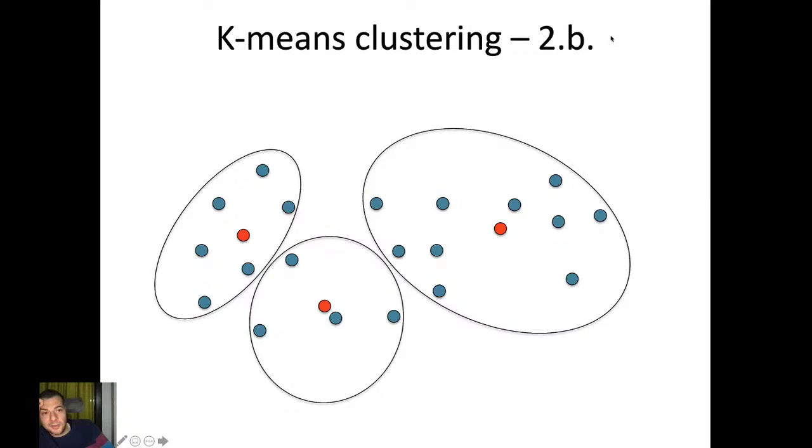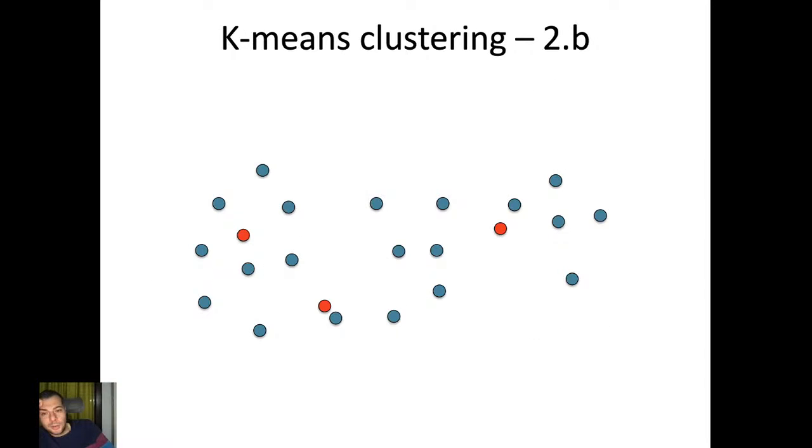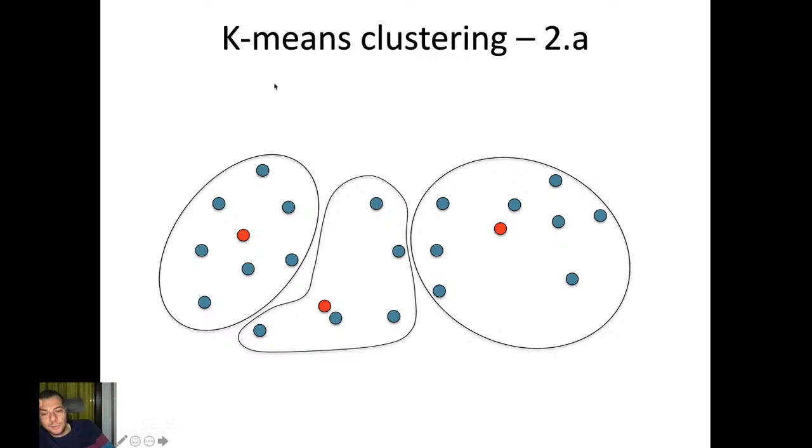So this is the second step of the iterative algorithm. And now we have these new centroids. Then we remake the cluster assignments. So we assign these data points. So now we can see that the clusters are slightly different.